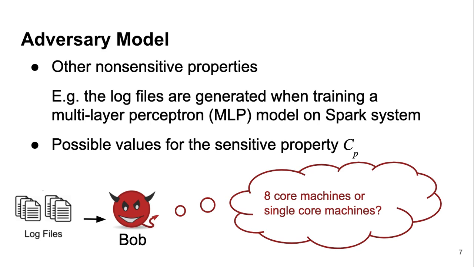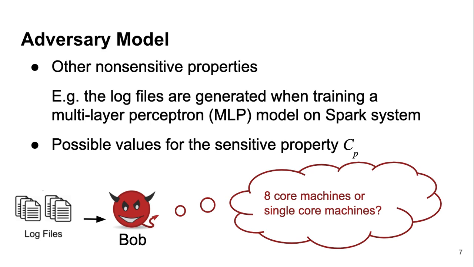While releasing the logs, Alice might also share some information that she thinks to be non-sensitive. For example, the program that is used to generate the logs. The non-sensitive information offers important context about the log files and is useful for researchers and analyzers. On the adversary side, suppose an attacker, Bob, wants to infer what type of machine Alice used by observing the log files shared by Alice.